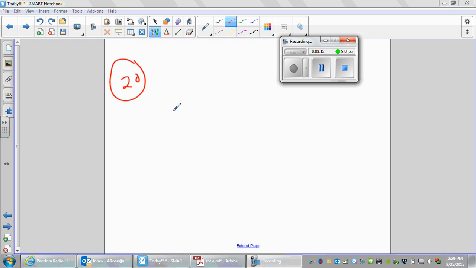All right, number 20. We have the radical of 50 over the square root of z^5. So I'm going to go ahead and separate them out. 50 could be 10 times 5, which would be then 2 times 5 times 5.